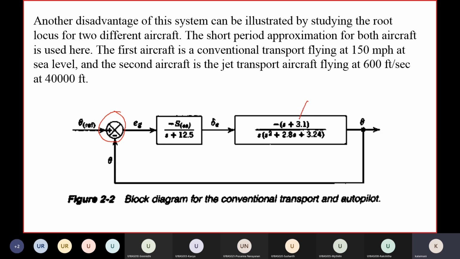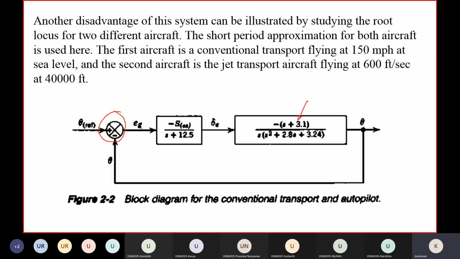This is the longitudinal aircraft dynamics. We are assuming the short period approximation. So here I take two different aircraft while investigating the disadvantages of a displacement autopilot. The first aircraft is a conventional transport aircraft flying at 150 miles per hour at sea level.